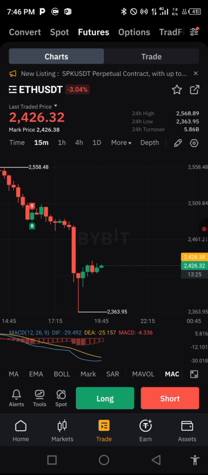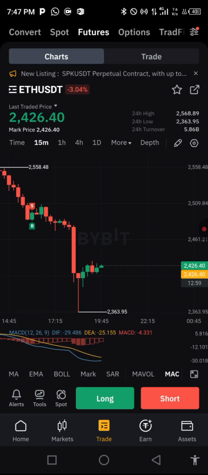Like I said in the video where I took time to explain the basics around spot trading and futures trading, spot trading has to do with you spotting an asset and buying it when it is at a lower point and selling it when it's at a higher point.